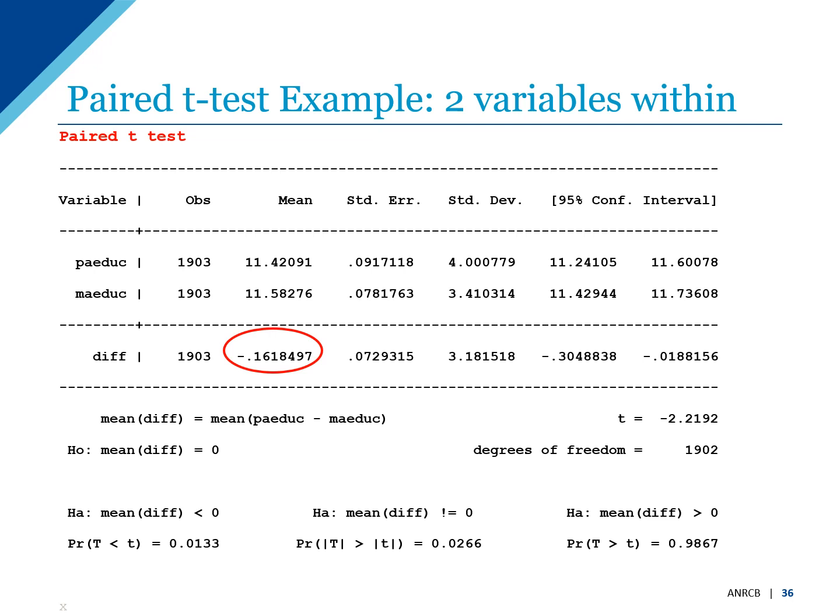Next, we look at the difference in mean education levels among the 1,903 observations that were used in this test, which is equal to negative 0.16. We can see the sample standard deviation of the difference is 3.18, and that the t-test statistic is negative 2.219.